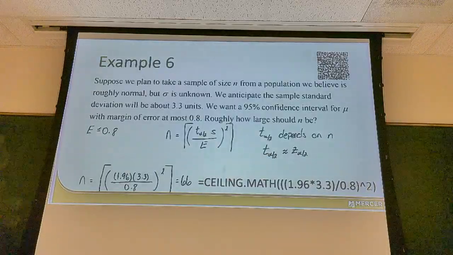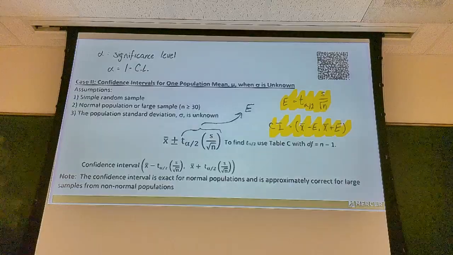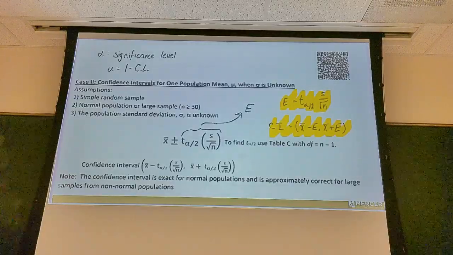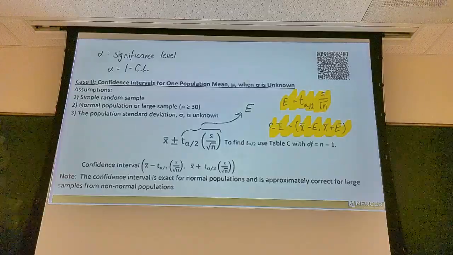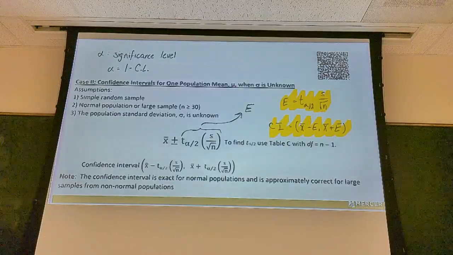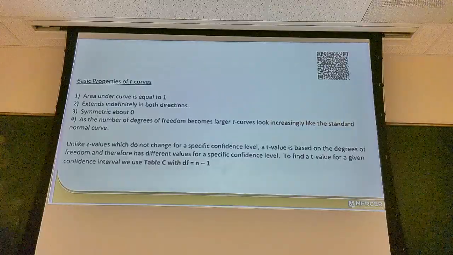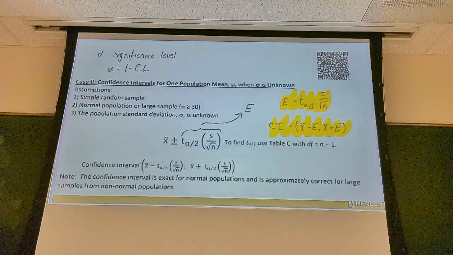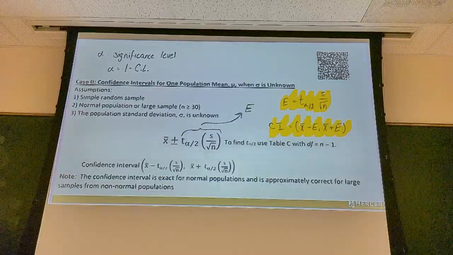So remember those key formulas. This time, though, to find t, you're going to need to know your degrees of freedom, which is n minus 1. Otherwise, the method itself is identical.